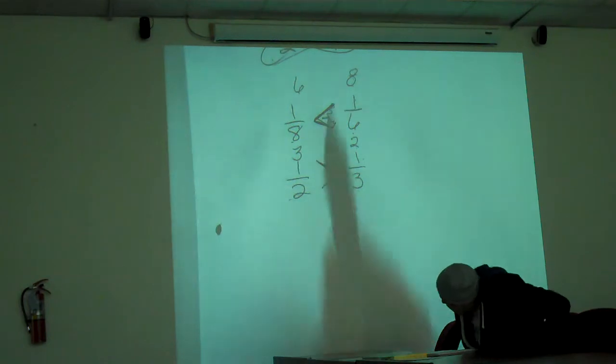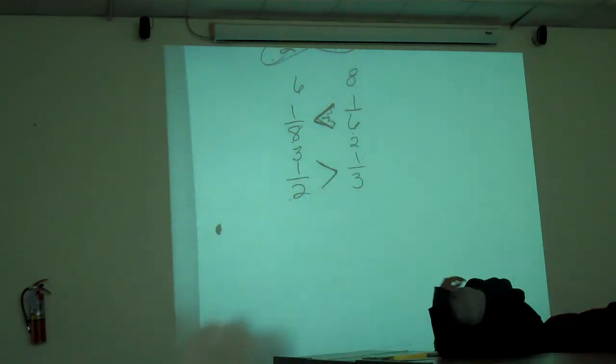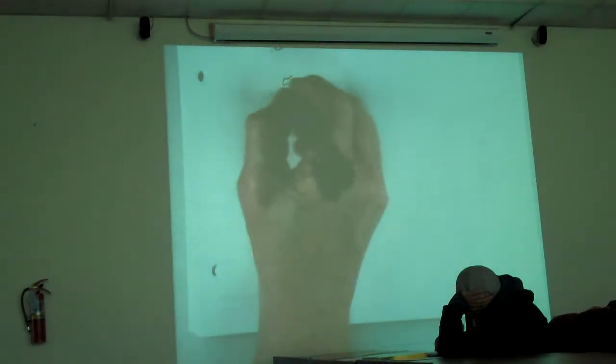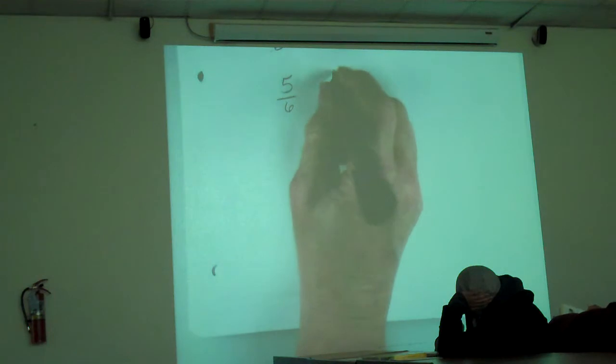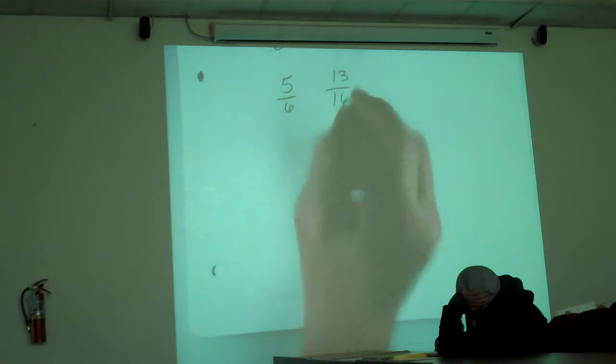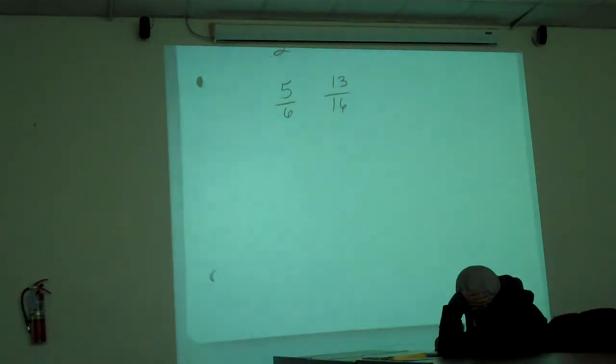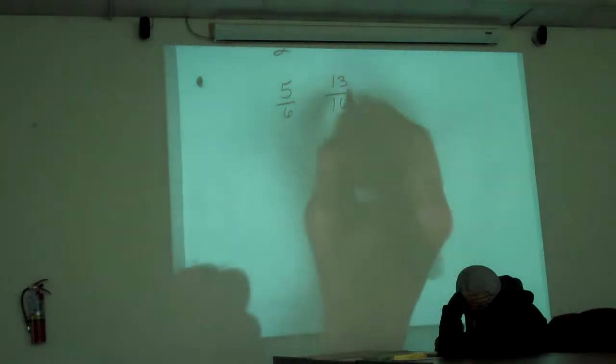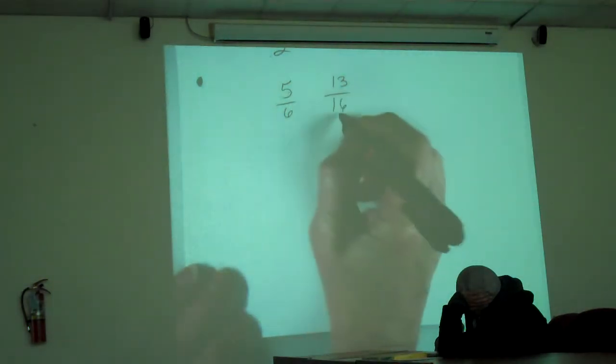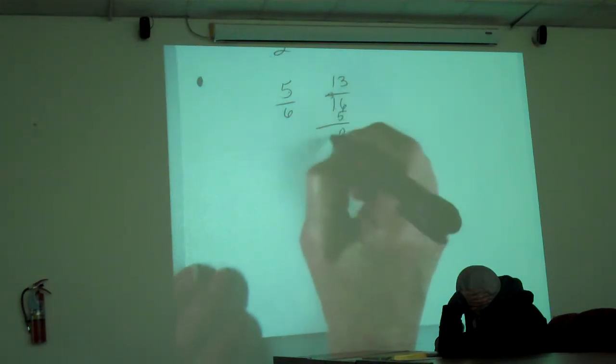Okay. And that's also if you have other numbers besides the 1 on top. Let's do one like 5/6 and 13/16. That one's hard to tell by looking at it which one's bigger. But if you multiply the numbers, 16 times 5, 5 times 6 is 30, 5, 6, 7, 8.